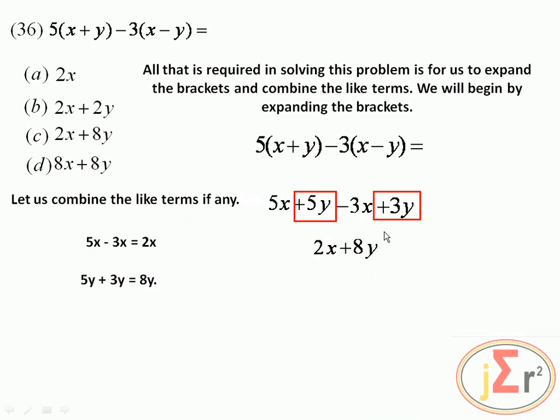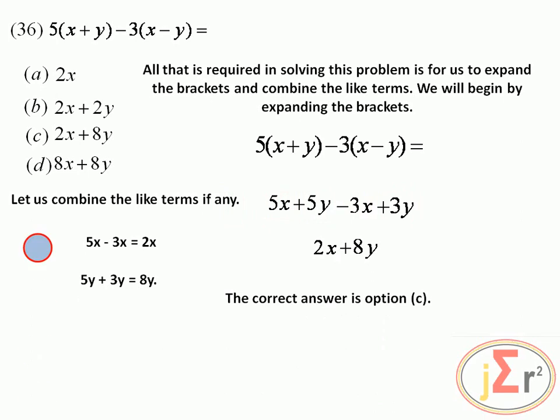Now, in the event that some candidates made a mistake, then they would have received 5y minus 3y is equal to 2y, and they would have received B for their answer, and then they would have made a complete meal of the problem. The correct answer is option C. Good. 2x plus 8y.